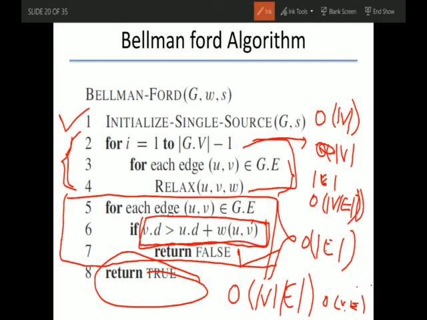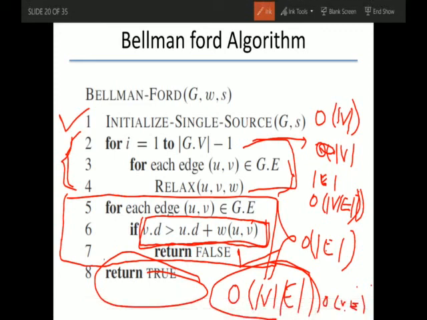Apart from that, the other two parts, step number 1 and step number 5 to 7, are smaller compared to 2 to 4. That's why the overall complexity will be order of v into e.